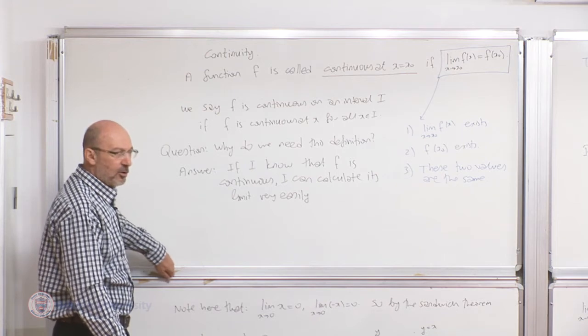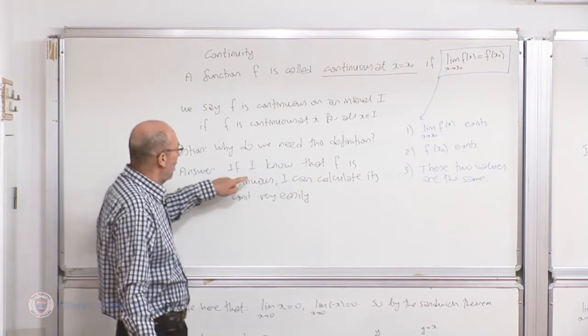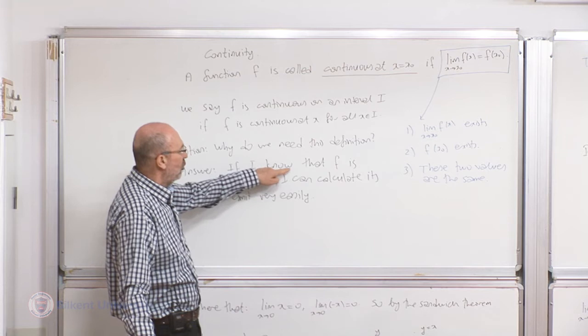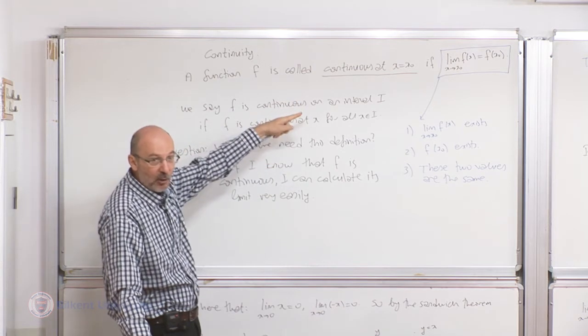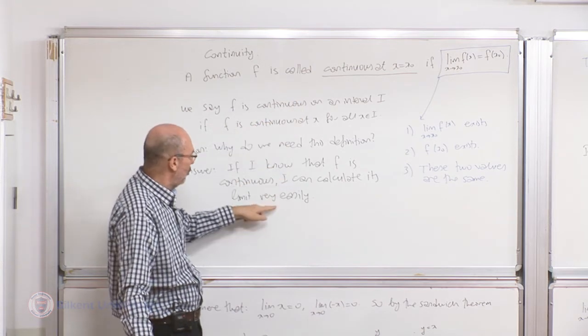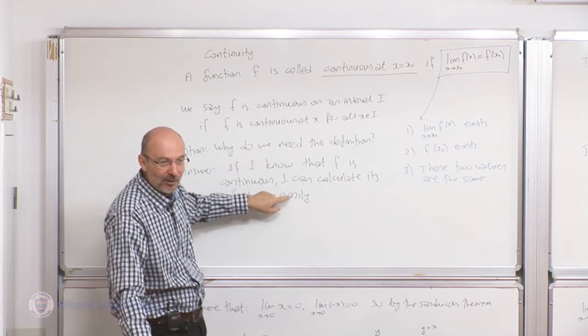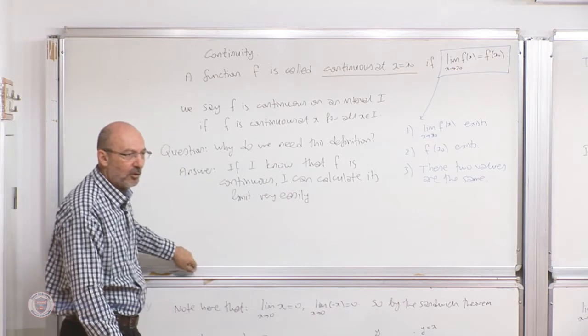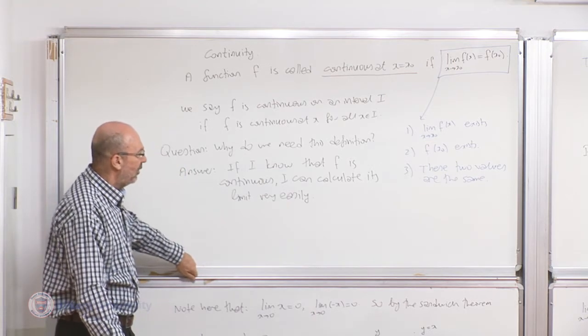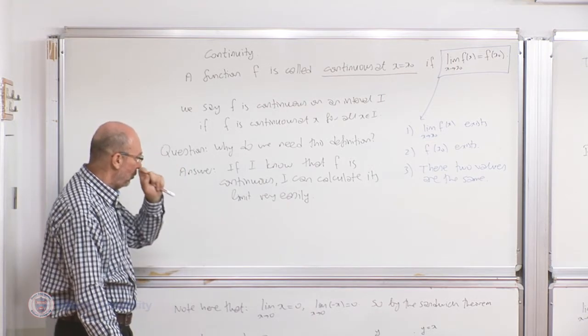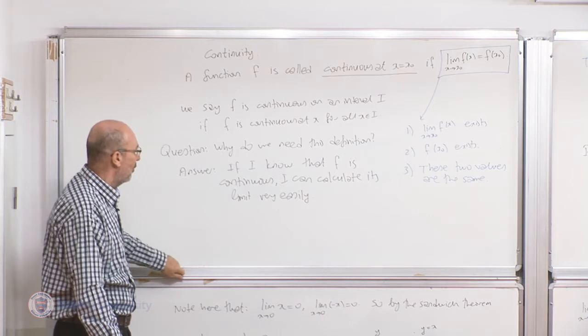Now this is theoretically nonsense, because how do I know that f is continuous? Because I calculated its limit everywhere. And where will I use it? I will use it to calculate limits, but I already calculated limits. Okay, fortunately it doesn't work like that. We'll find a way of recognizing continuous functions very easily.